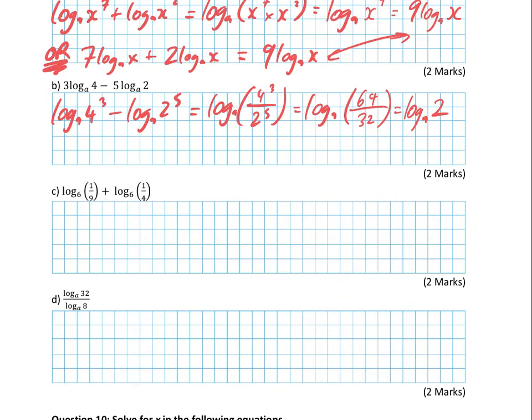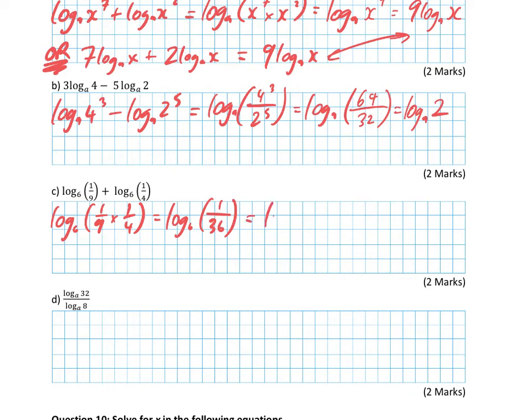Log base 6, 1 over 9, plus log base 6, 1 over 4. With a log law, we're going to multiply them, so 1 over 9 times by 1 over 4. Log base 6 of 1 times 1 is 1, 9 times 4 is 36. 1 over 36 is 36 to the power of negative 1. It's the reciprocal of 36, so it's going to be 36 to the negative 1.